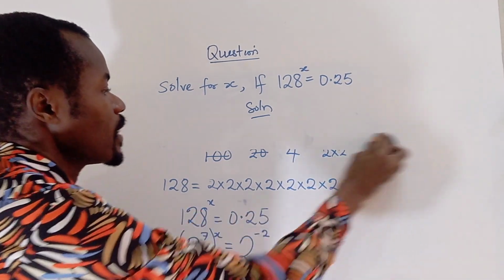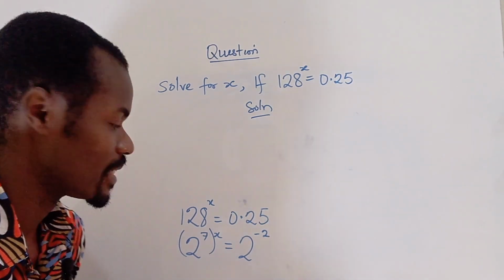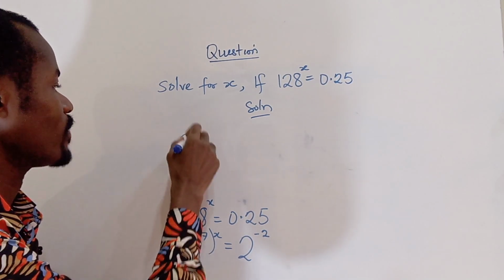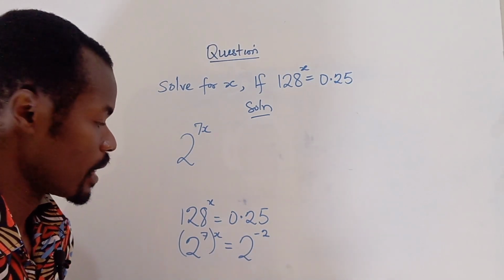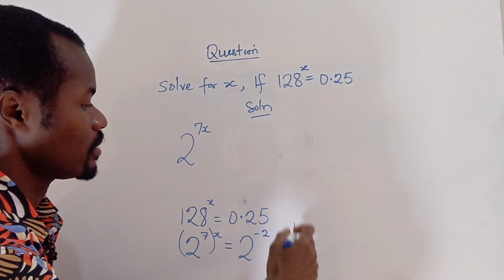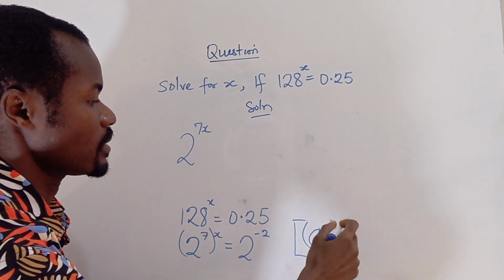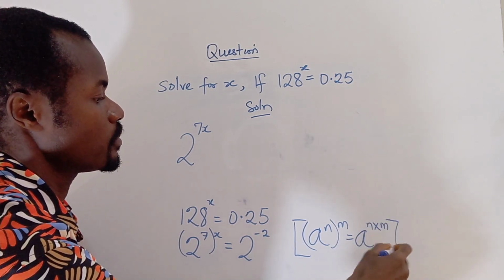Alright, with that, we can now have two more steps and arrive at our answer. Remember, this is going to multiply that, so we have 2 raised to the power 7x. Okay? Applying the principle of indices, such that if I have a raised to the power n in brackets raised to the power n, this means a raised to the power n times n.